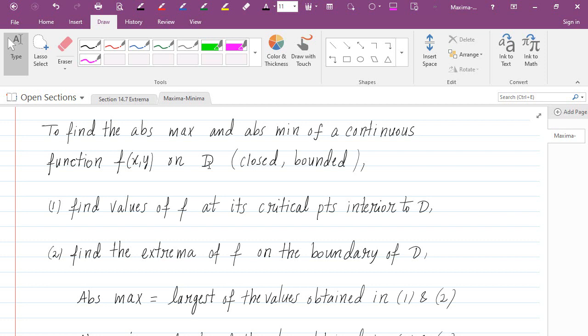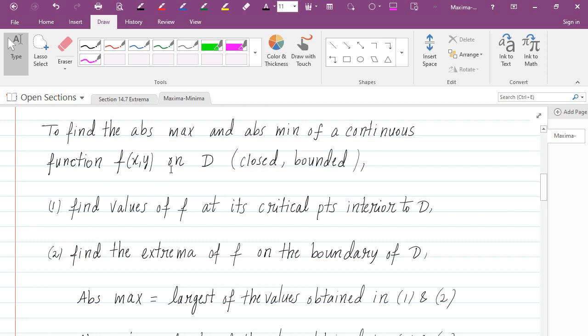So that means the extrema of f either occur on the boundary of the closed and bounded set D, or they occur at points interior to D where we have critical points of f.